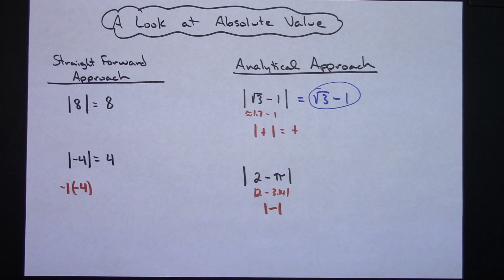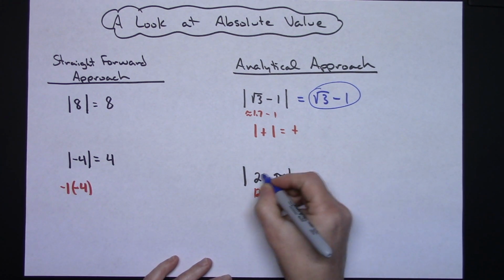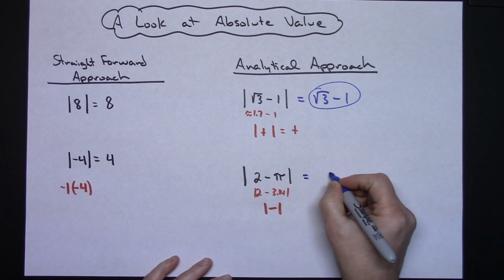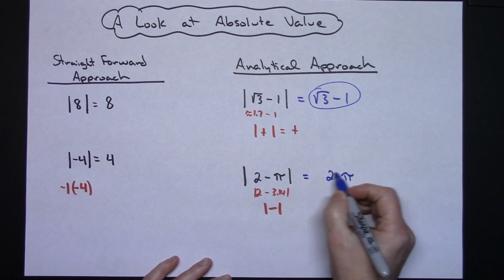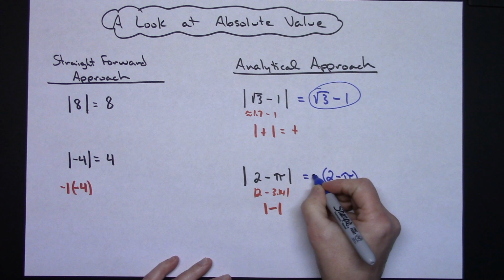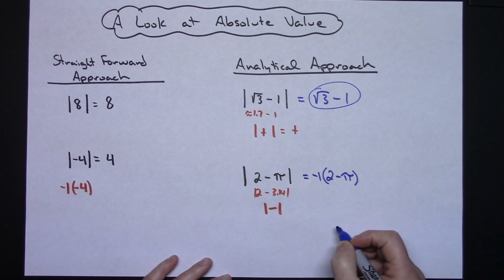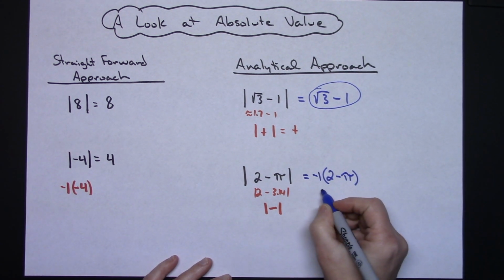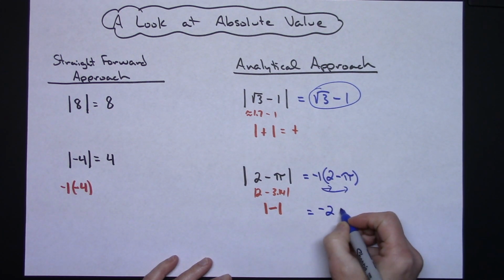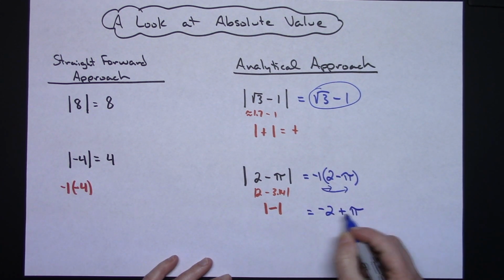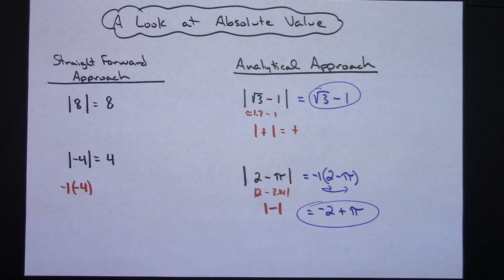So I'm going to take what's inside the absolute value bars, the 2 minus pi, and because I know this is a negative value, I'm going to multiply it by -1, and that's going to give me the positive answer I need. Distributing there, that's going to give me -2 plus pi as the absolute value of 2 minus pi.